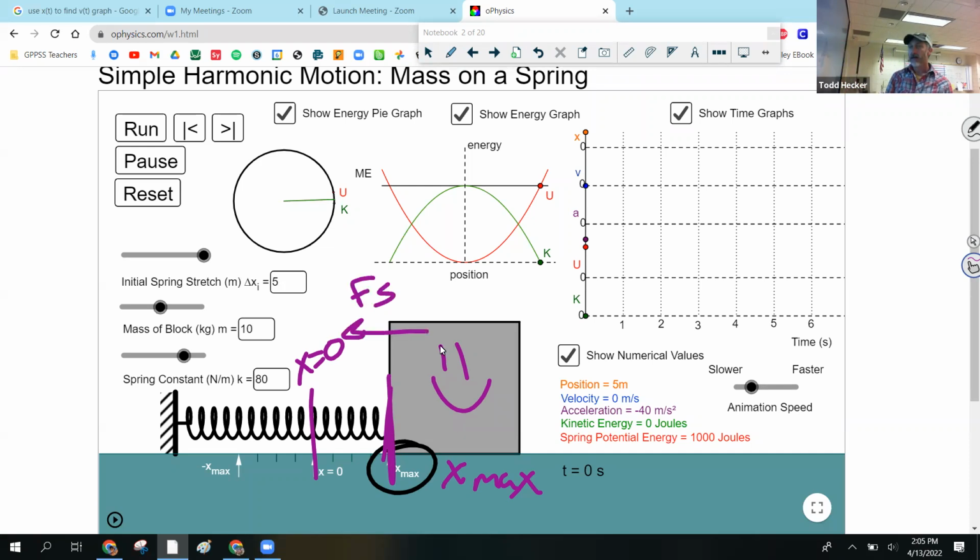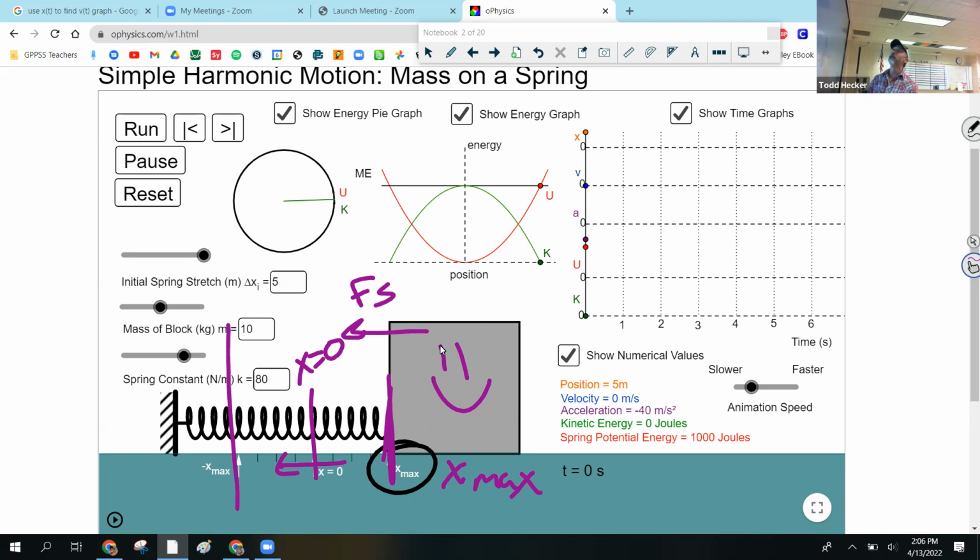So it's going to speed up as it gets closer to the origin. As we unstretch the spring, the box is going to speed up until the spring gets to that unstretched position. But at that point we have velocity this way, so it's going to want to keep moving that way. And as it does that, it's going to compress the spring, and the spring pushes back the other way and slows it down, where it stops over here.